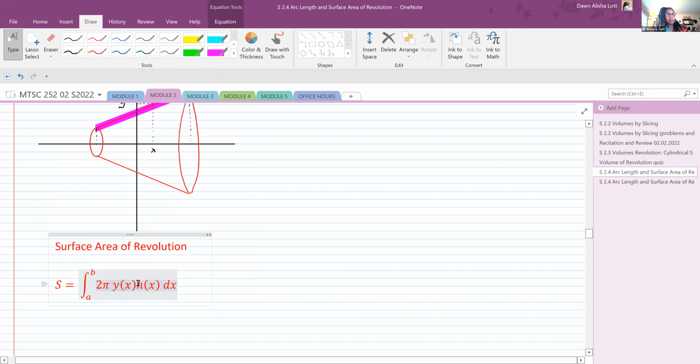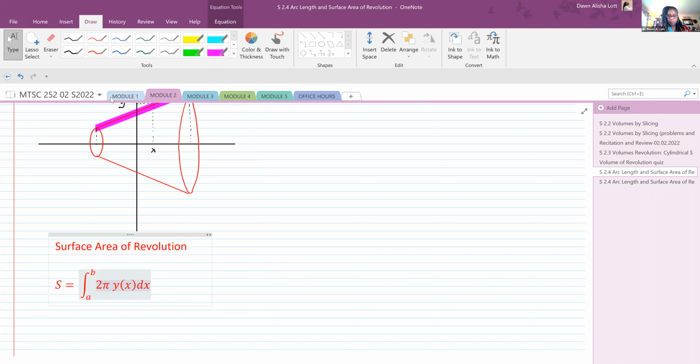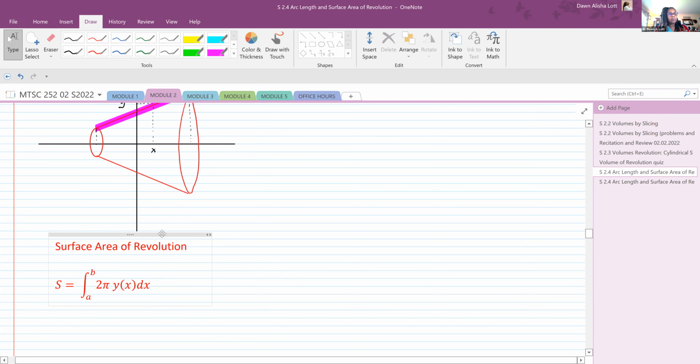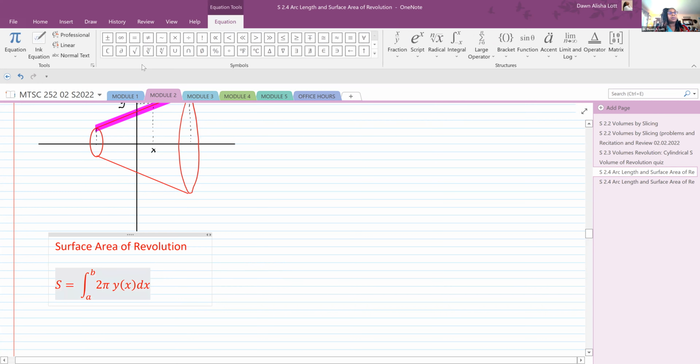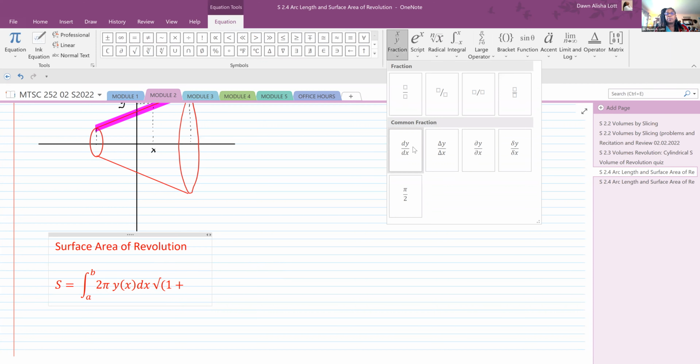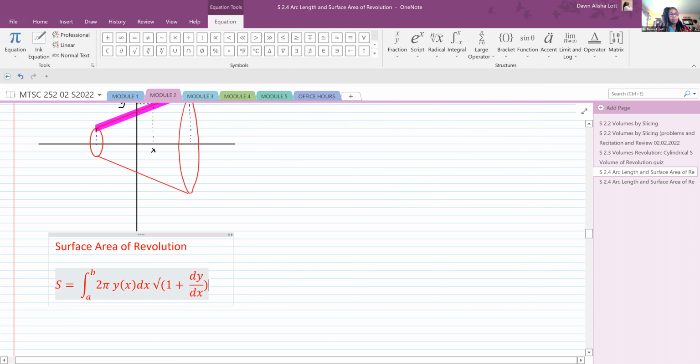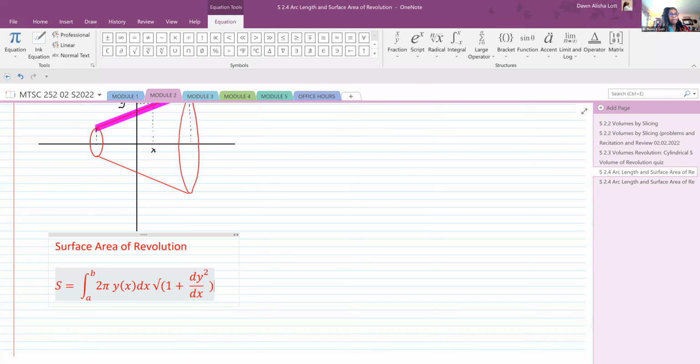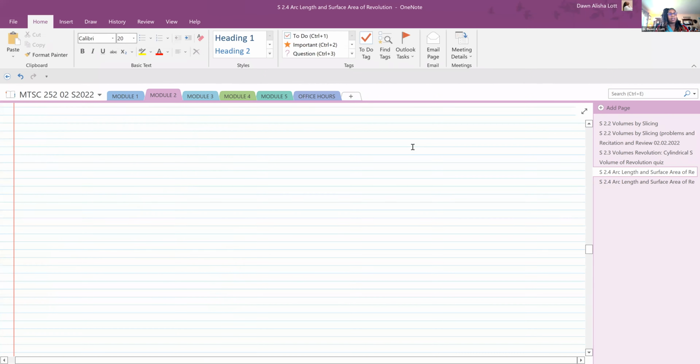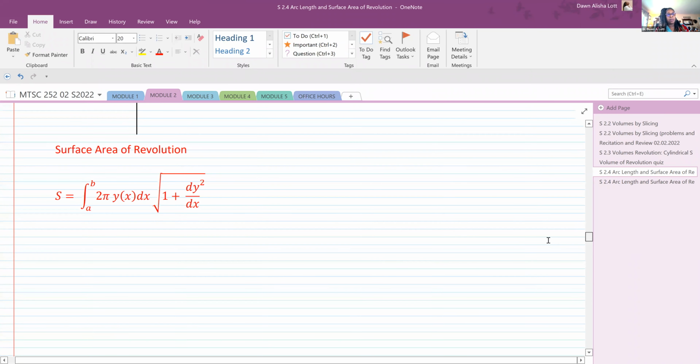And instead of the height, I'm going to have the length, and that's going to be the square root of 1 plus dy/dx squared, dx.